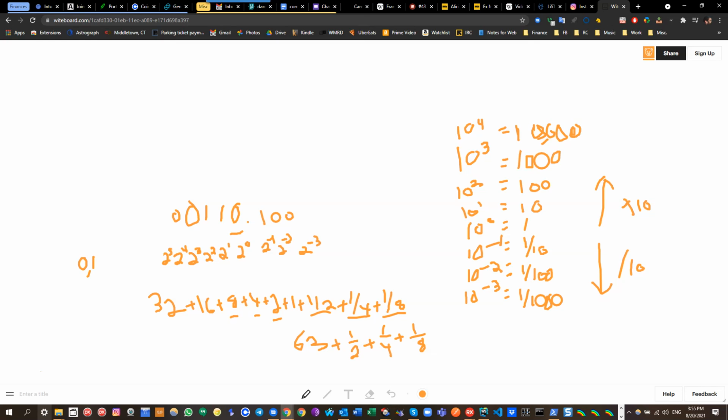What matters is the relationship between the numerator and the denominator. As long as that relationship is the same, the value of the fraction is the same. So if I multiply both the numerator and the denominator of a fraction by the same number, it has the same value. And in order to combine these, I need them to have the same denominator.